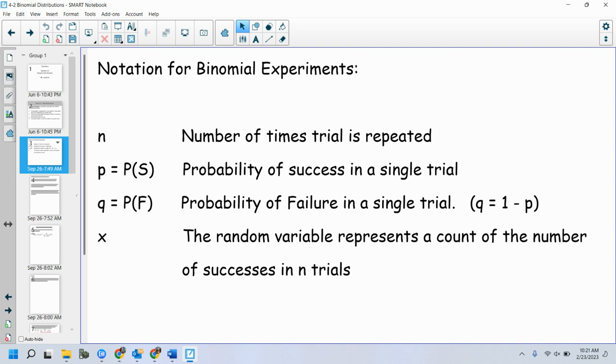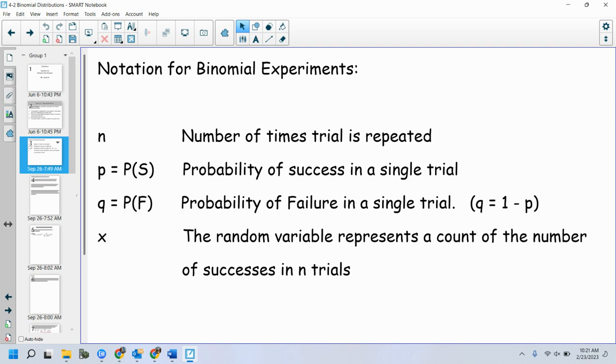We're going to have two letters representing success and failure, P and Q. P is the probability of success in a single trial. Q is the probability of failure of a single trial. Because it is binomial, P and Q are complements of each other.